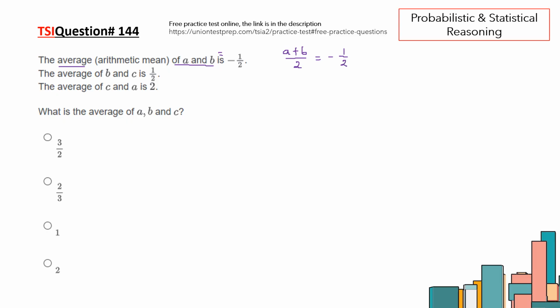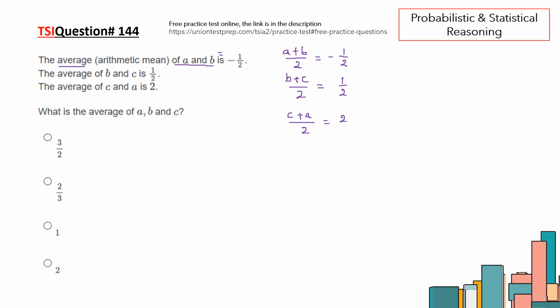Now the average of B and C, same thing: B plus C divided by 2 equals 1/2. Now the average of C and A: C plus A divided by 2 is 2.